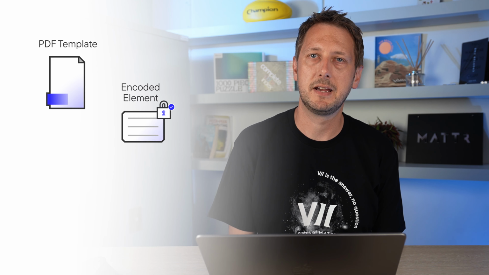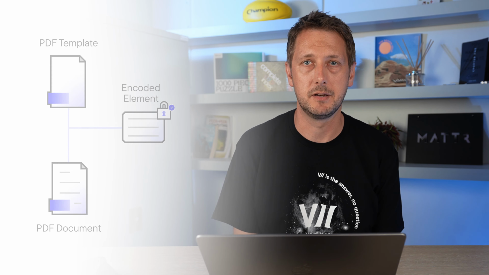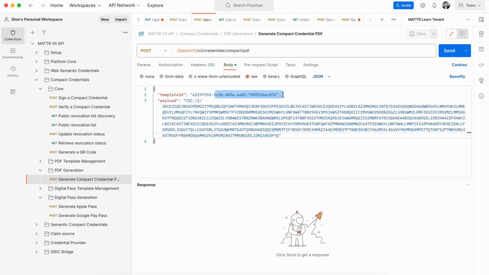Now let's see how we can format this same compact credential as a PDF document. And to do this, we need two things: the encoded element, which we already have, and a PDF template. So the PDF template is what tells MATTR VII how to convert the credential into a PDF document. For now, I'm using this template ID, which references a sample template I uploaded earlier.